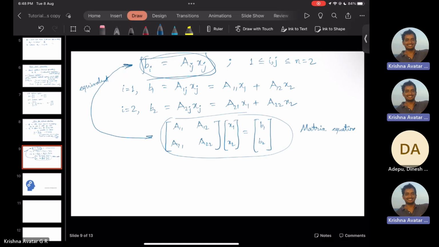However, say n can take a very large number, say n is equal to 1000 or n is equal to 10,000, which usually occurs when we are performing full simulations of say solid mechanics problems or fluid mechanics problems. Then in that case, we won't be able to write it out by hand, and it's very tedious.